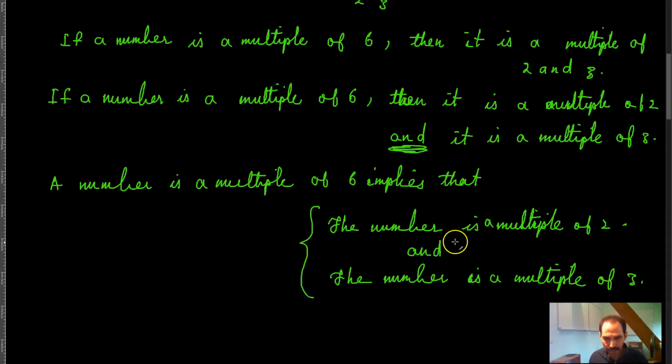I'm using the connective "and" here, meaning that both of these have to be true at the same time, so that the number is a multiple of 6.